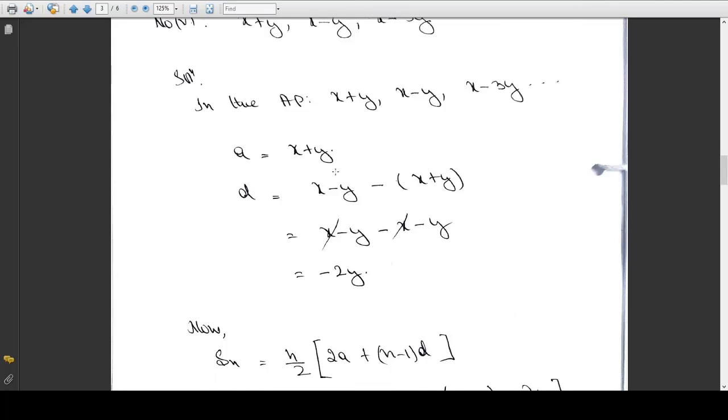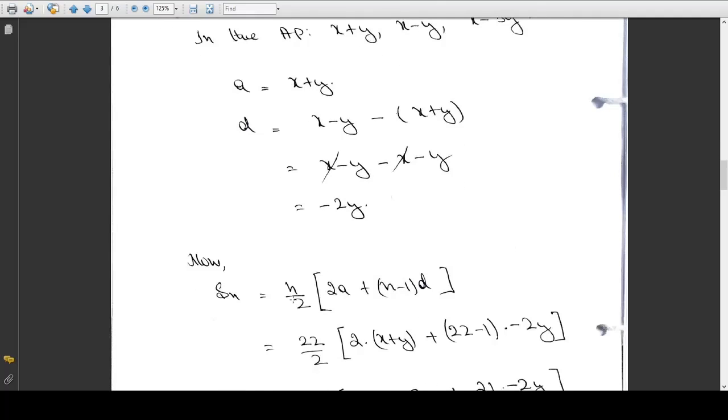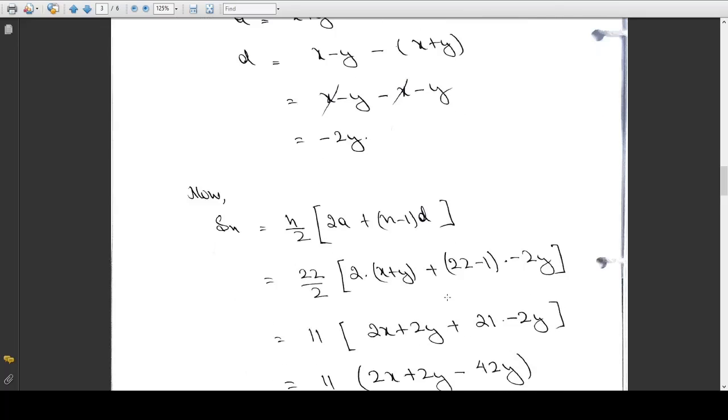Then again using the same formula, up to the 22nd term, this means n will be 22, isn't it? Sn is 22 divided by 2, 2a, where a is x plus y, n again 22 minus 1, d is this minus 2y. Okay, now 22 divided by 2, you can cancel, you get 11.